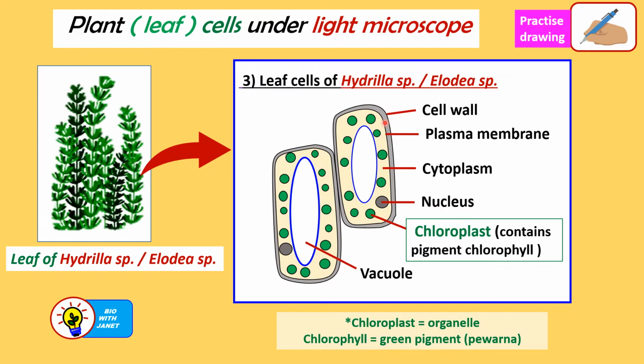Okay, you can see that each cell has a cell wall, and then underneath is the plasma membrane. Then again you have the cytoplasm, nucleus, and vacuole. And the additional structure is the chloroplast, compared to the epidermal cell of onion bulb.